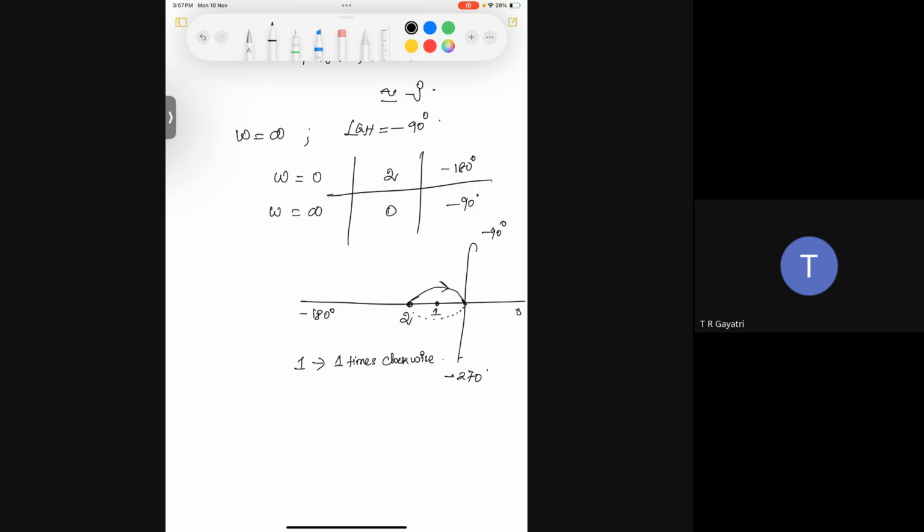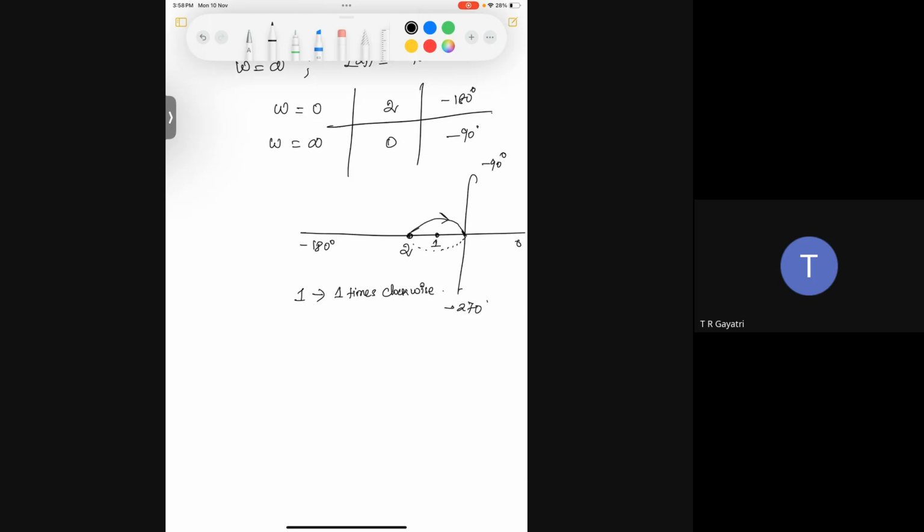So how will you say the stability of a system? Ma'am, minus 90 will be below, no? No, I'm taking the anti-clockwise direction. Otherwise it would be below. Okay, right.